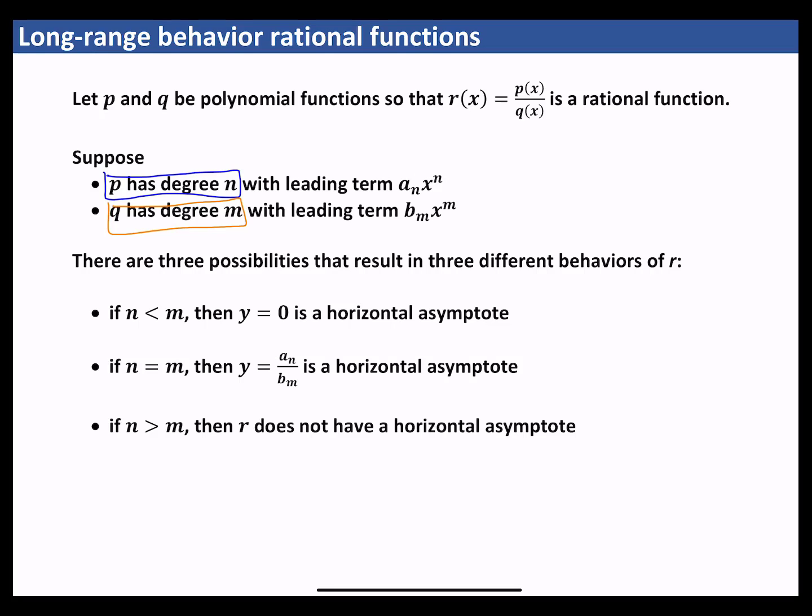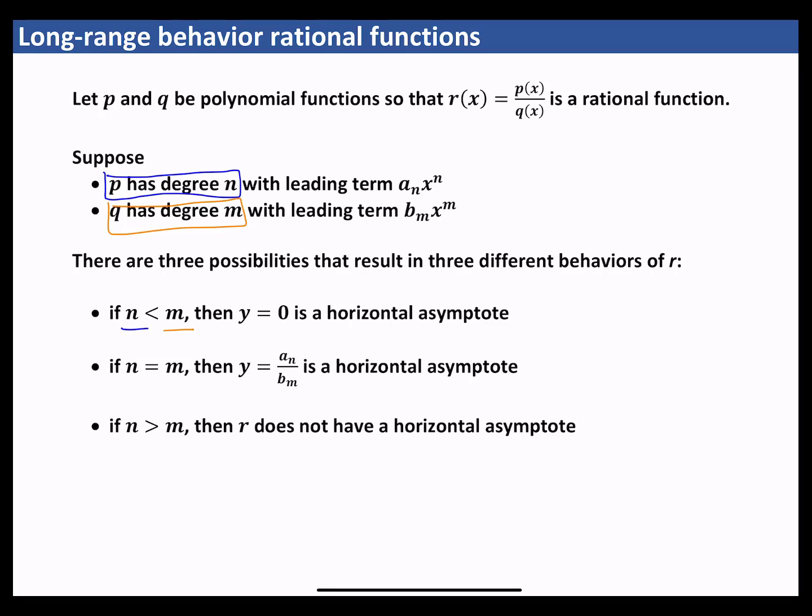There are 3 possibilities that result in 3 different behaviors. One possibility is that n, the degree of the numerator, is less than the degree of the denominator. And when this happens, y equals 0 is a horizontal asymptote, as we saw in the previous example.